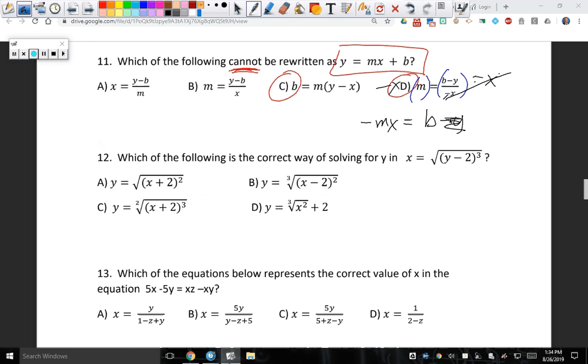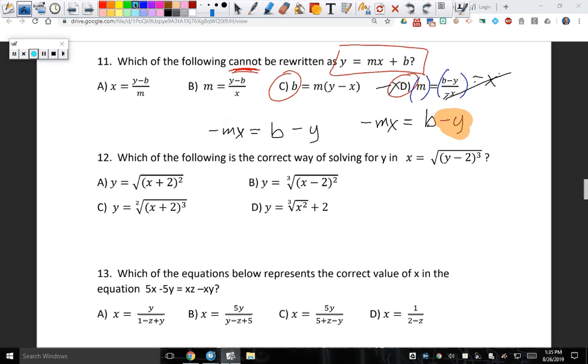And if I move this y over by adding it to the other side, I have what? Y equals, hold on, I moved the wrong thing. I have a negative y, I have b, I have a negative mx. My goal is to get y by itself.